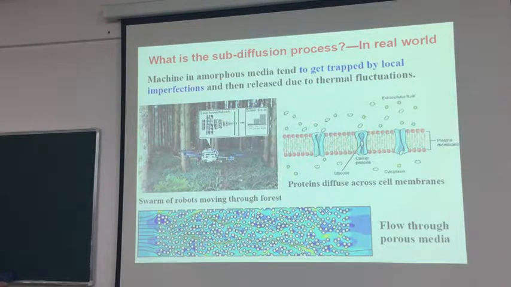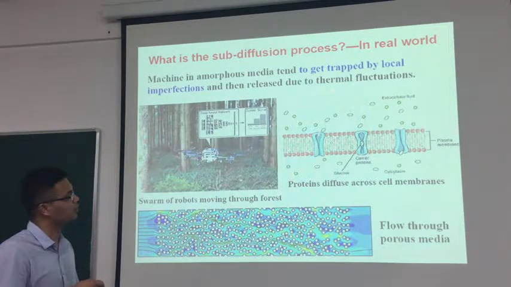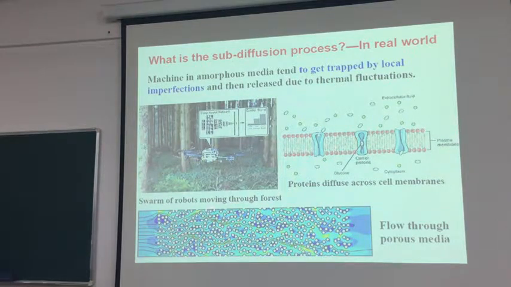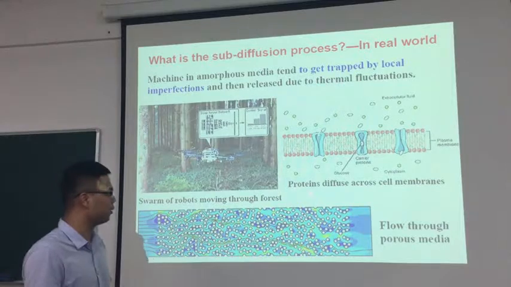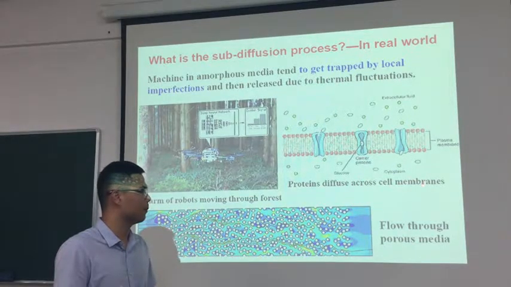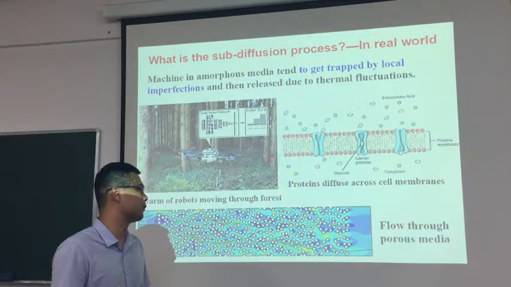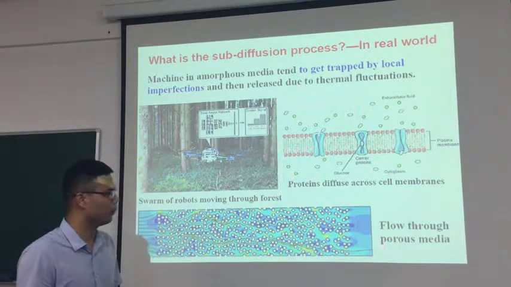Subdiffusions usually describe those phenomena which get trapped by local imperfections and then released due to thermal fluctuations. For example, a swarm of robots moving through a forest, or proteins diffusing across cell membranes, or the flow through porous media.